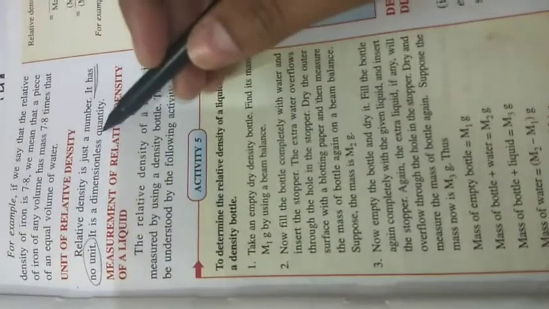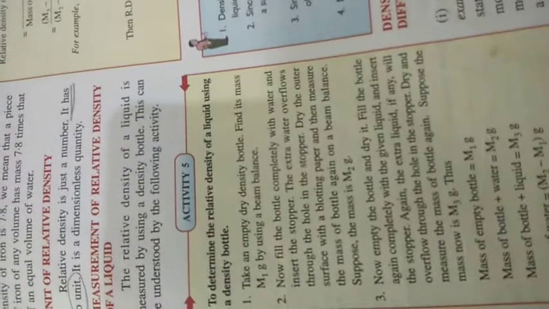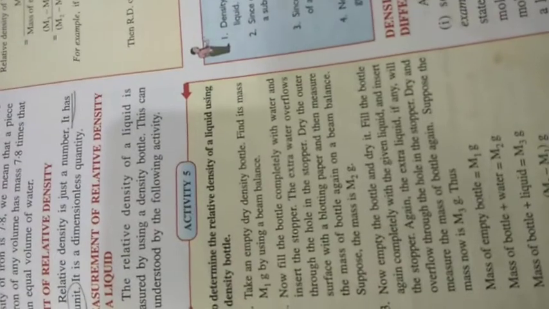Dimensionless means it does not have any type of dimension, as density has dimensions like gram per centimeter cube or kilogram per meter cube. Relative density has none of these because it is a ratio quantity.